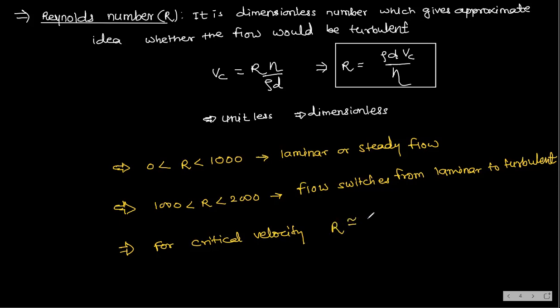So at 2000 the flow turns from laminar to turbulent. So laminar or steady flow is between 0 to 1000, between 1000 to 2000 it may switch from laminar to turbulent, and for critical velocity it is nearly equal to 2000. This is the use of this Reynolds number. Note down.